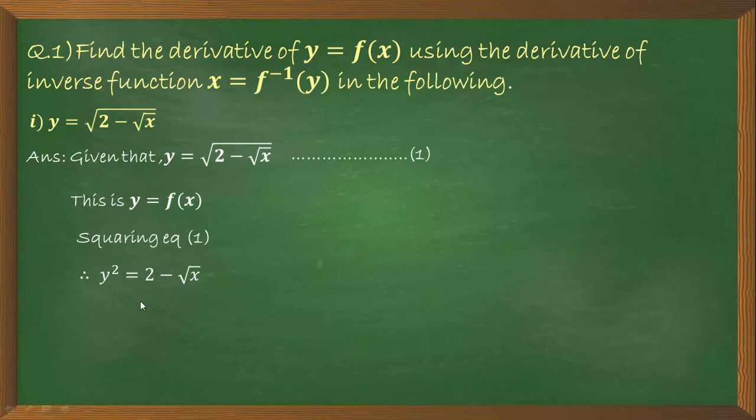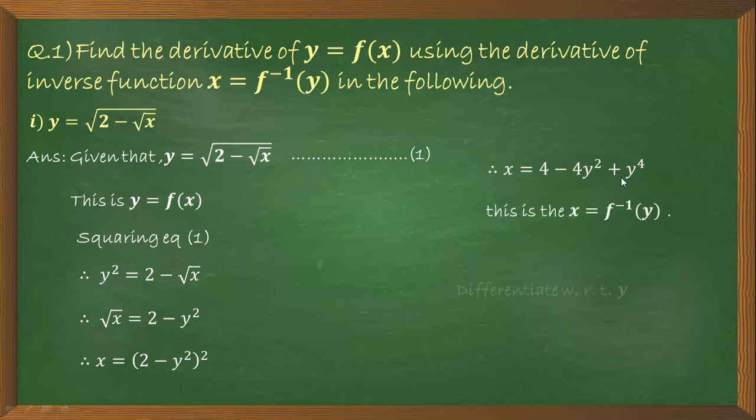See here. Then root x is equal to 2 minus y square, and hence we get x is equal to bracket 2 minus y square, bracket square. So see the expansion: by expanding we get x is equal to 4 minus 4y square plus y raised to 4.